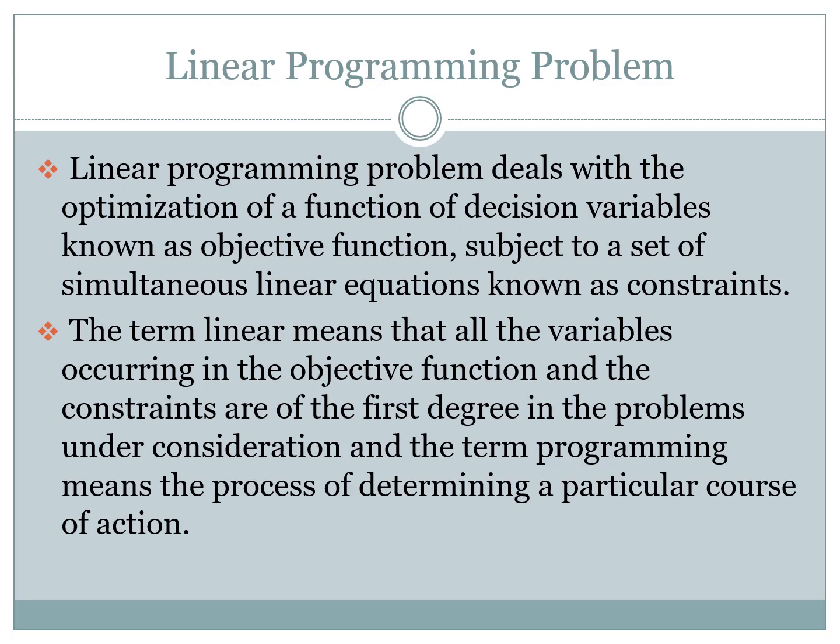The term linear means that all the variables occurring in the objective function and the constraints are of the first degree in the problem under consideration. And the term programming means the process of determining a particular course of action.